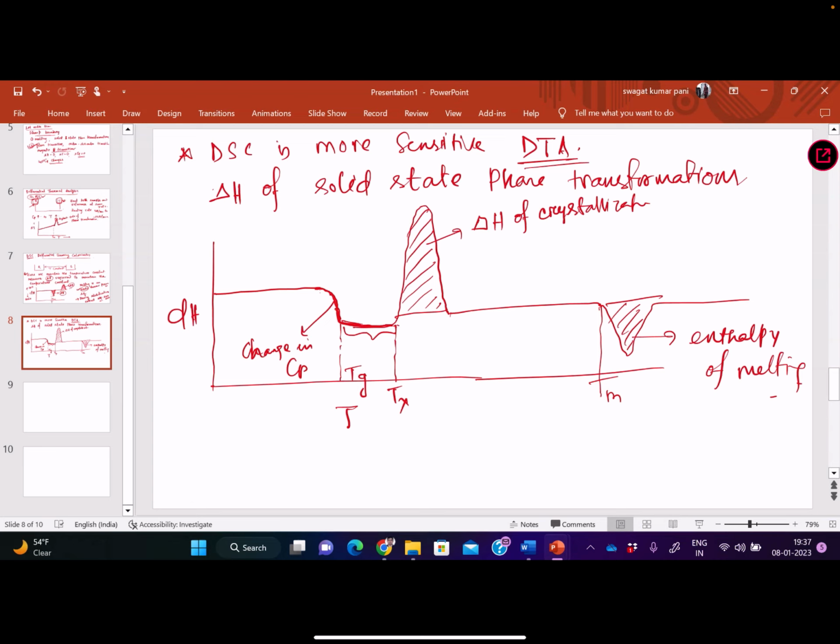Okay, so here this one indicates second order transition. There will be only Cp change, no enthalpy change. And again here the material will crystallize, and then it will melt here. Any questions here?